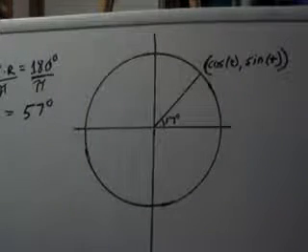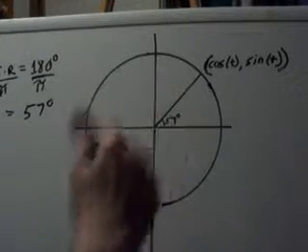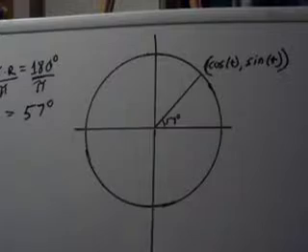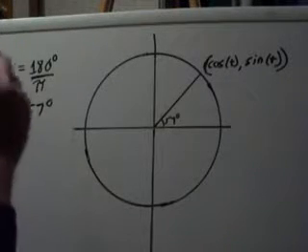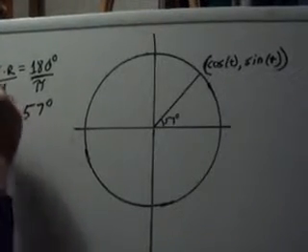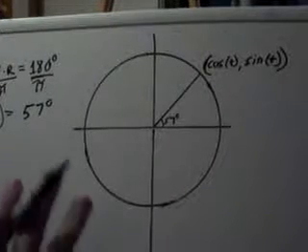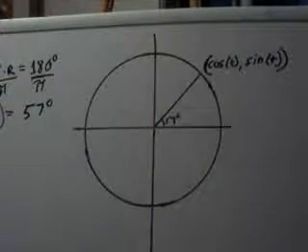But if you're going to draw this out in a non-geometric format, if you're going to actually graph this on the Cartesian coordinate system, then you have to have the x and y coordinates. Well, the x and y coordinates cannot be represented by a radian. It can't. So you have to find the numerical representation for the x and y coordinates of this radian.